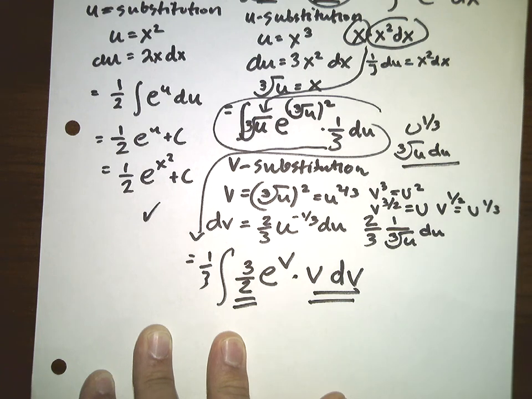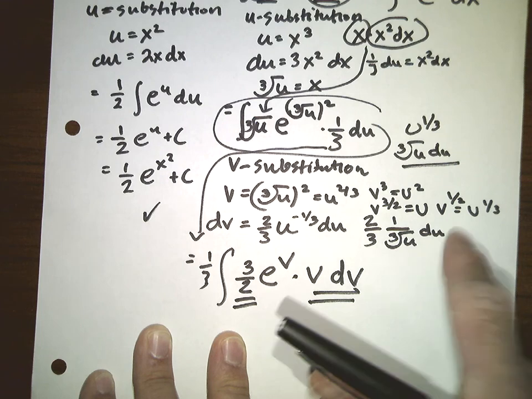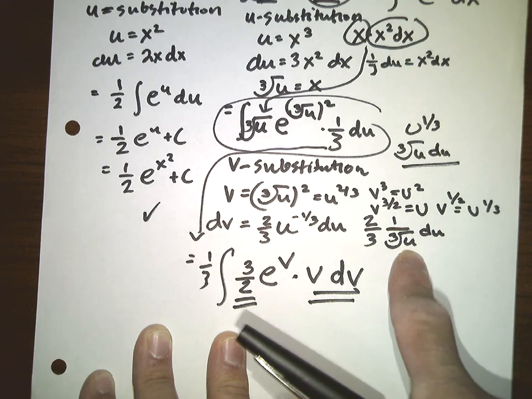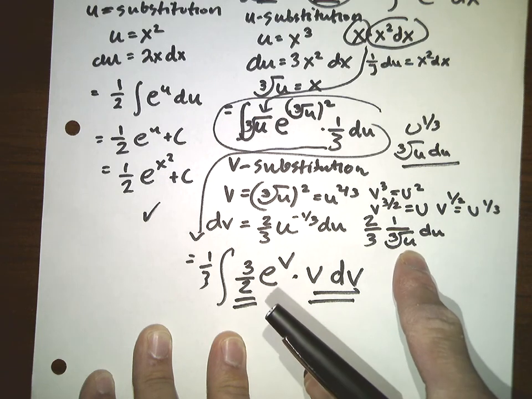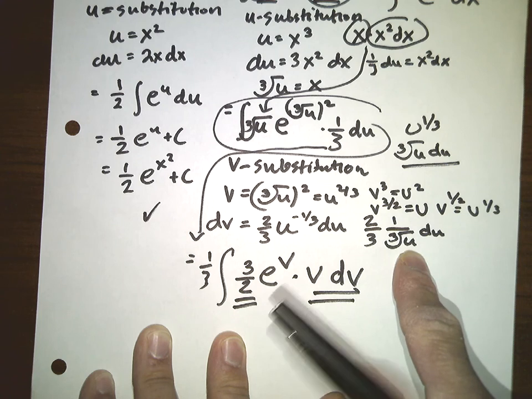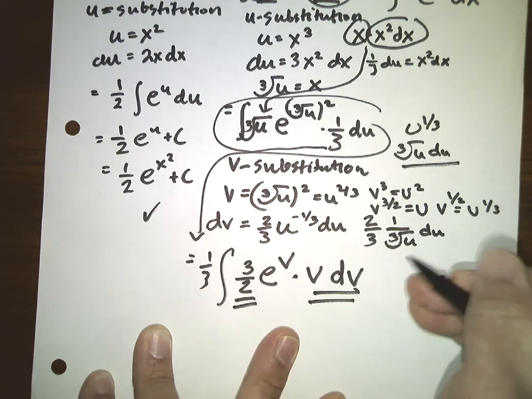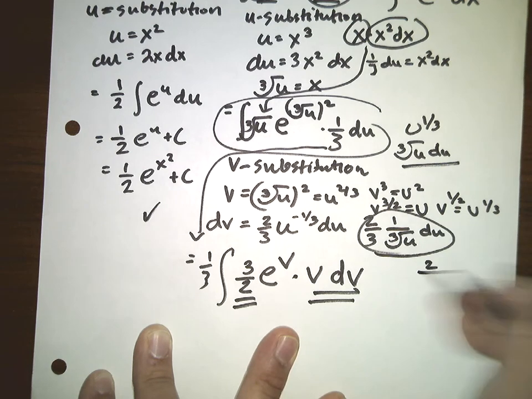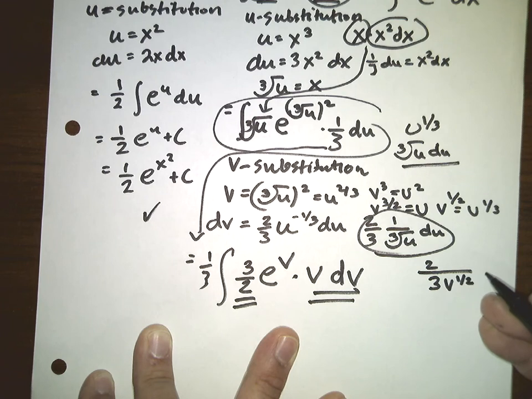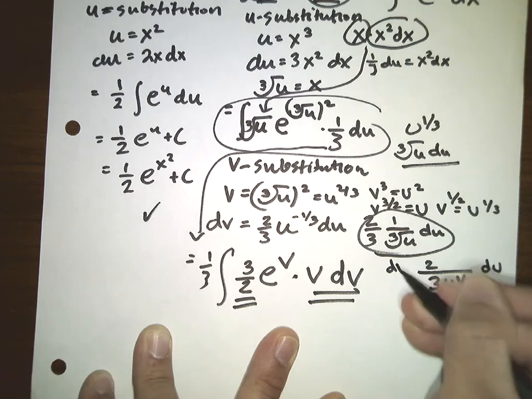All right, so this is why I said that it's going to get very wild for you here, because I just said that this is actually 2 over 3 v to the 1/2, and then you had the du, so that was equal to dv.